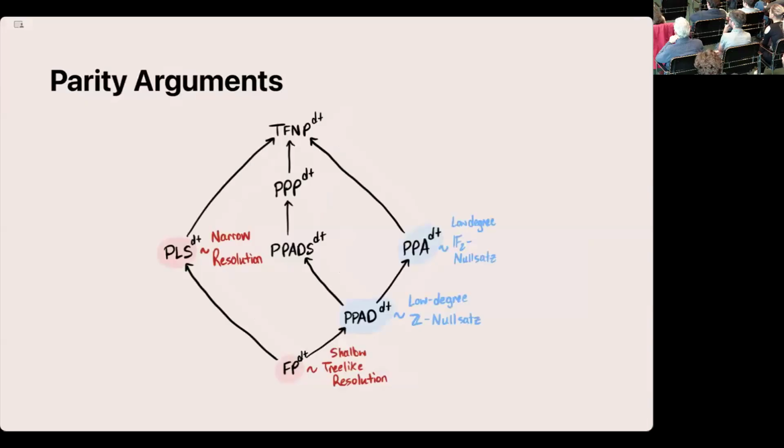But in recent work, we've also been able to find that these other classes correspond to proof systems that we actually like. This class PPA corresponds exactly to F2 Nullstellensatz. So in particular, a search problem is in PPA if there's a low degree Nullstellensatz refutation. And PPAD corresponds to low degree integer Nullstellensatz with the caveat that the coefficients are written in unary, in order to be small, so that I can measure them. You can actually come up with a class for binary Nullstellensatz too, binary encoding too. It's a little weird, but it is possible.